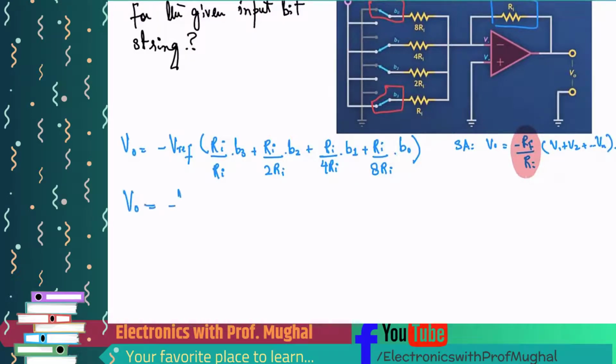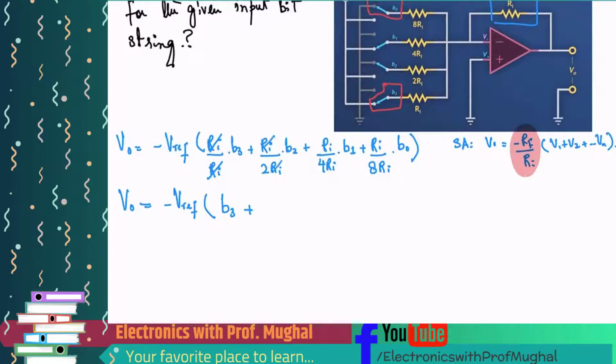I'm going to keep minus Vref as it is. Ri and Ri will cancel, so this will be simply B3, correct? B3 plus, over here Ri will cancel, so I get 1 over 2 B2, correct? Here I get plus 1 over 4 times B1, plus 1 over 8 times B naught, right?